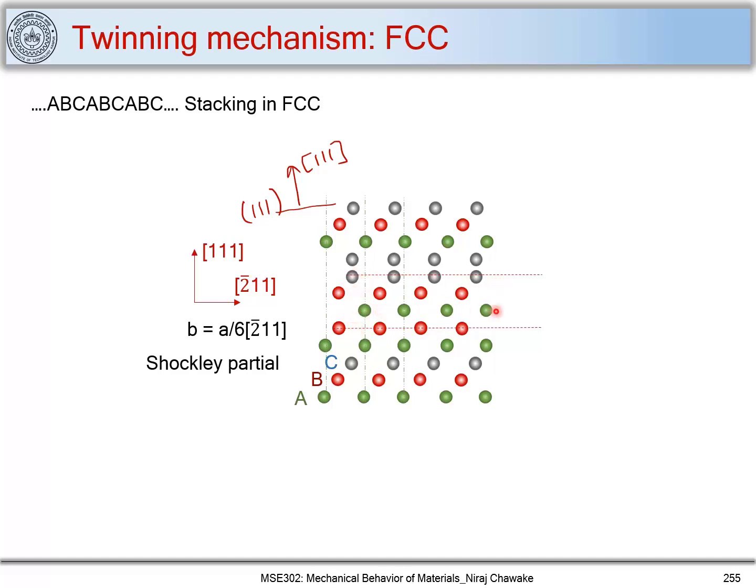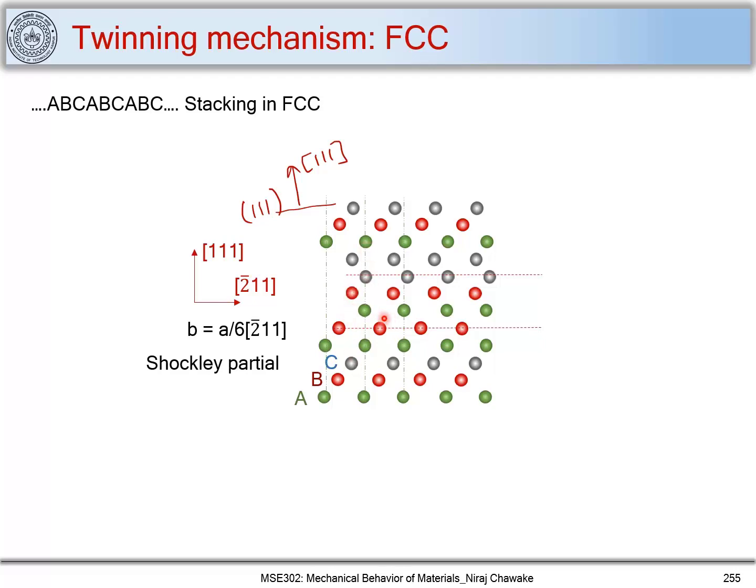Now this one layer has moved over this layer. What we do in a coordinated movement is that these top two layers will move again by a/6 [bar 2 1 1]. Now let's move these two layers. When it moves, you can see that this is now falling over this layer and this is falling over this layer.